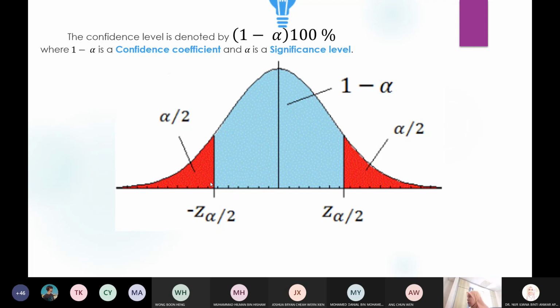The critical value splits the error region and the confidence level region.